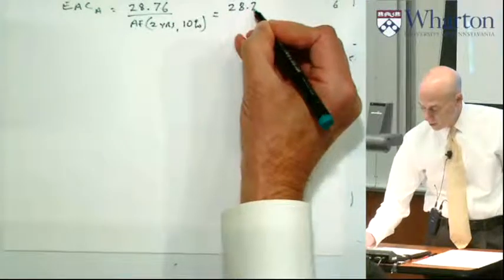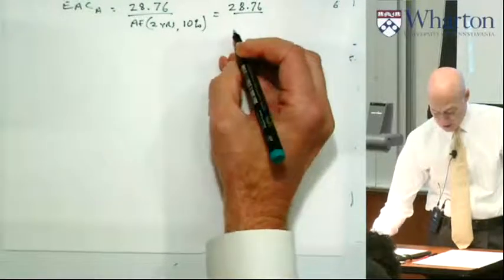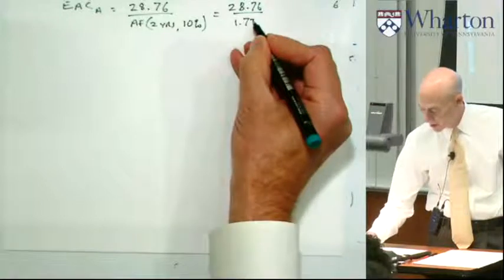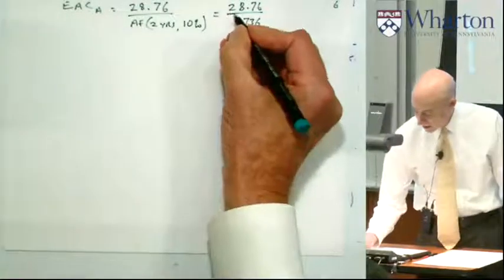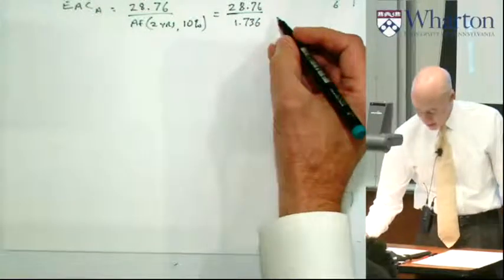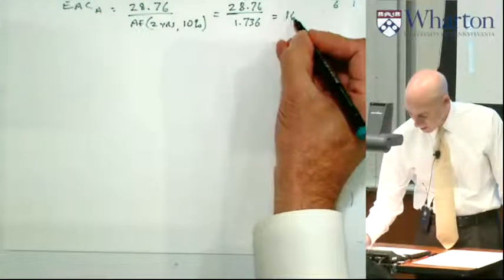If we work out what the 2-year annuity factor is, it's 1.736. So we divide 28.76 by that, and that gives us 16.57.